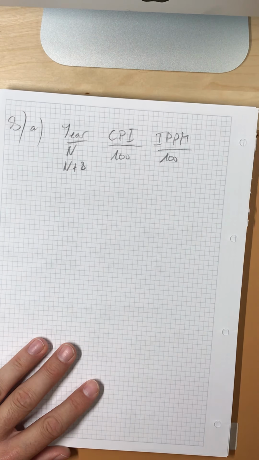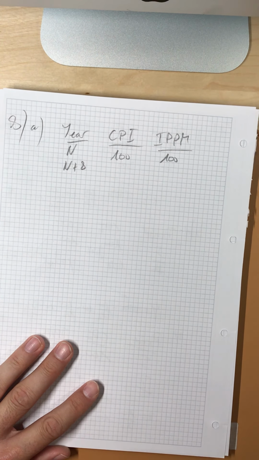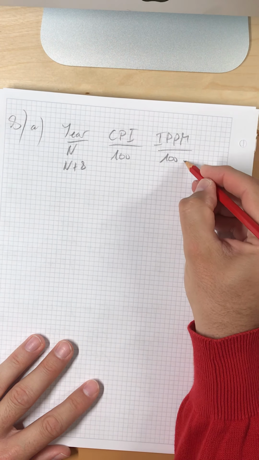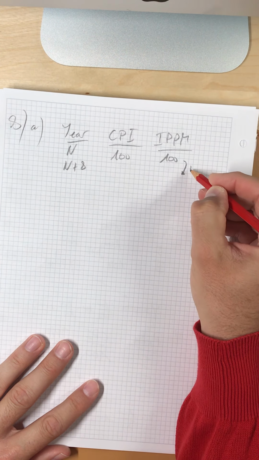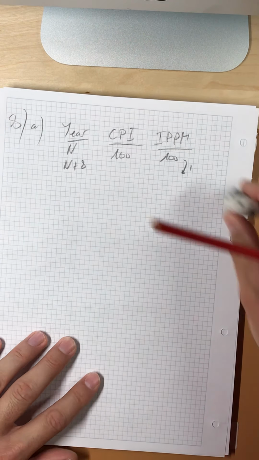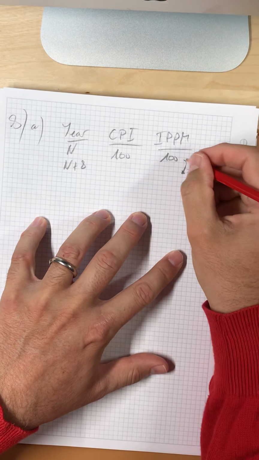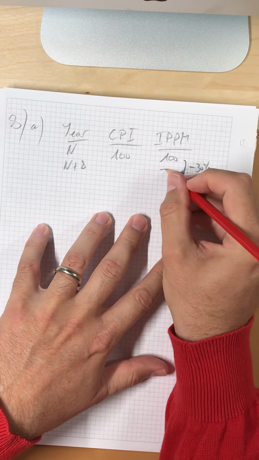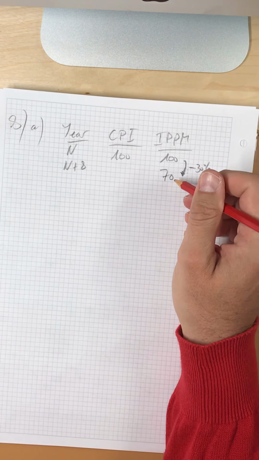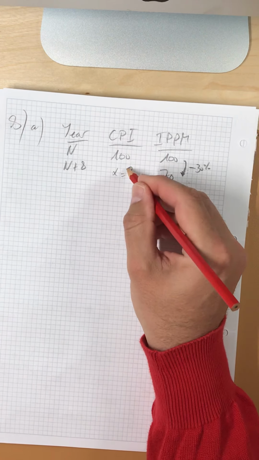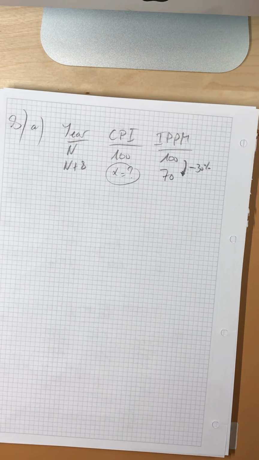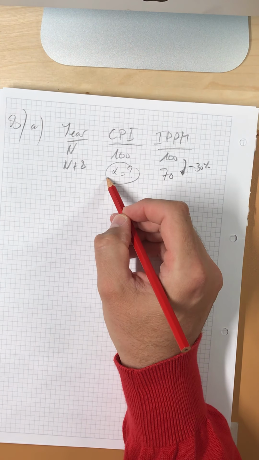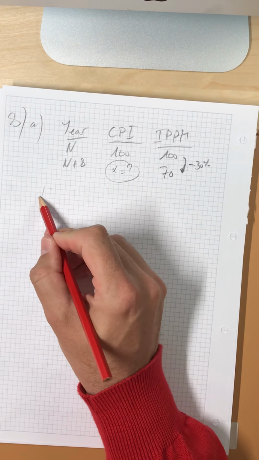And what we know is that the purchasing power of money, IPPM, is decreasing by 30%. So minus 30%. Now it's equal to 70. The question is, what is the value of the CPI, price level? So to get this, start with the formula.